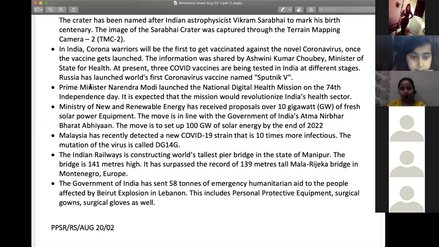The aim is to set up 100 GW of solar energy by the end of 2022. So what is happening? The Ministry has received proposals to build solar power equipment for the Atmanirbhar Bharat Abhiyan. They are creating their own solar panels so that electricity is created by solar energy.